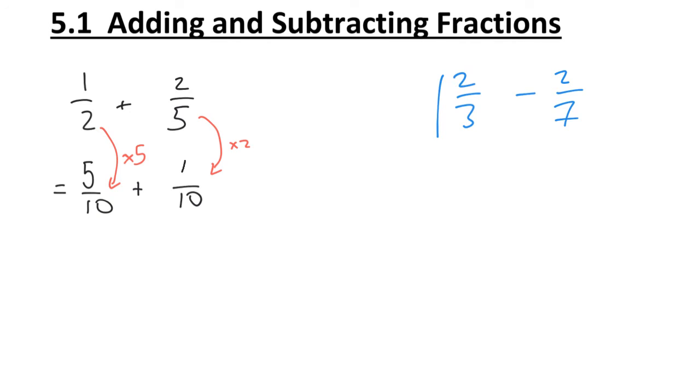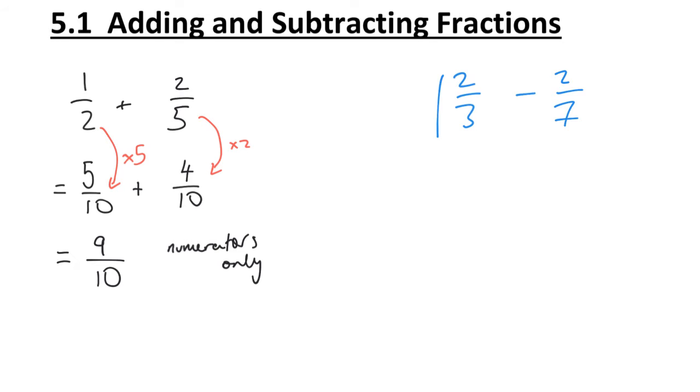We get 4. So now we've got 5 tenths plus 4 tenths, which is 9 tenths. Whenever we're adding or subtracting fractions, we only add or subtract the numerators. The denominator should stay the same.